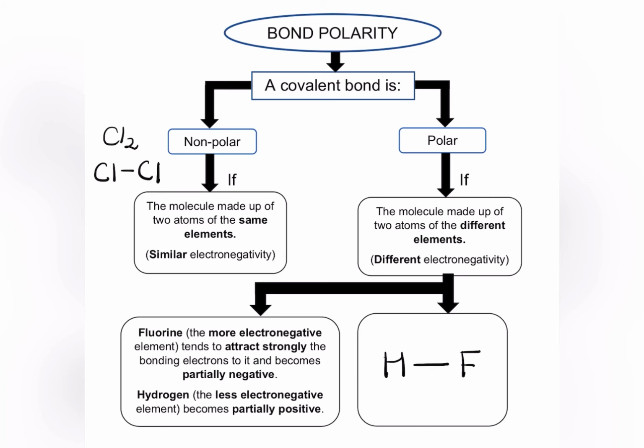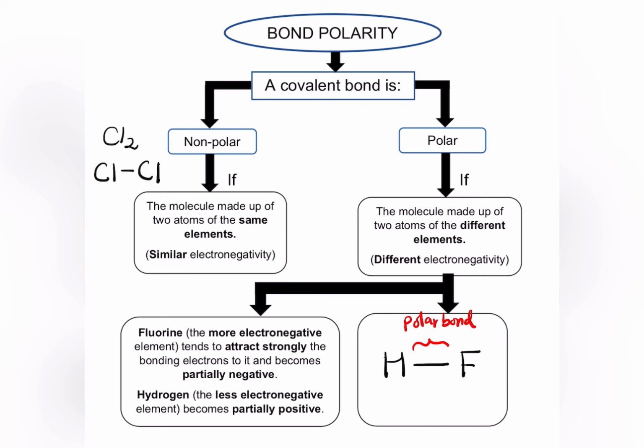The bond between the H atom and the fluorine atom adalah covalent bond, dan due to the difference in electronegativity between hydrogen and fluorine atoms, this covalent bond adalah polar bond.